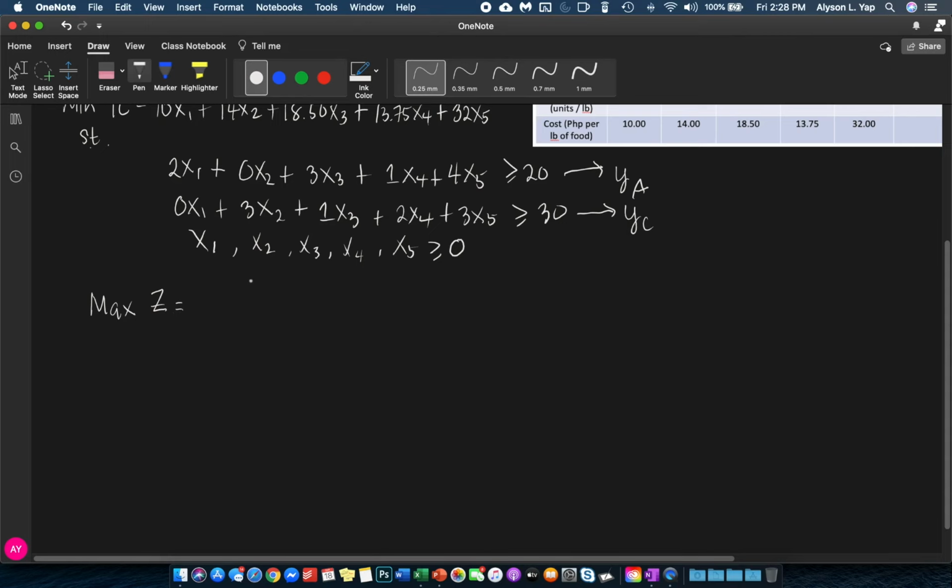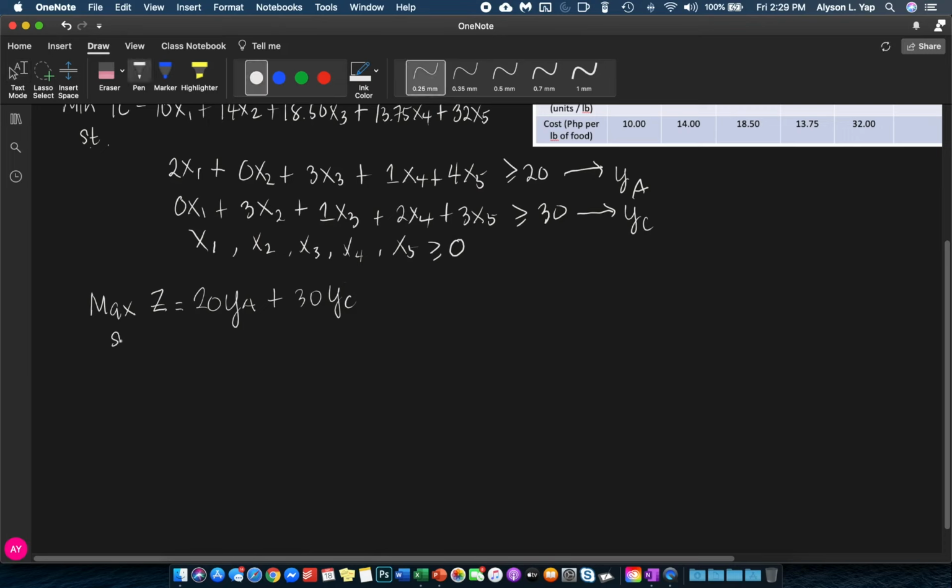Which means the coefficients in your dual objective will correspond to your right hand side in the primal problem. So what are the right-hand side coefficients? We have 20 and 30. And we just have to get the sum product with the corresponding dual variables. So the dual objective is 20YA plus 30YC.